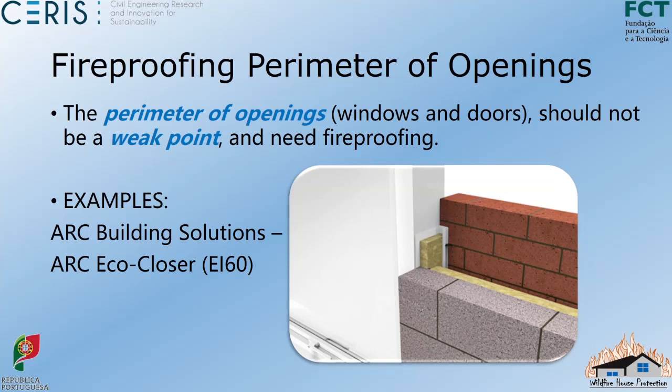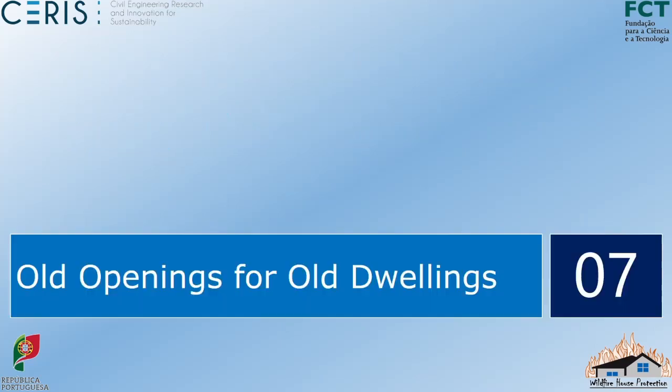There are specialized people that install this during the construction of your dwelling. Okay, so these perimeters should also be fireproof. Do not disregard a small flame contacting this perimeter or even a firebrand. Okay, let's be honest. The greatest problem here is the direct contact of the firebrand. Okay, so this also needs fireproofing. This solution we truly recommend. You get a resistance of 60 minutes with this solution.